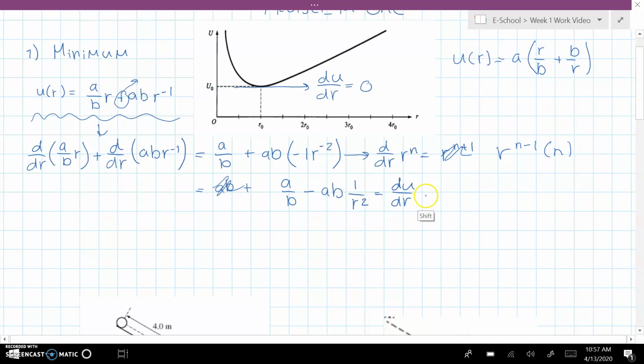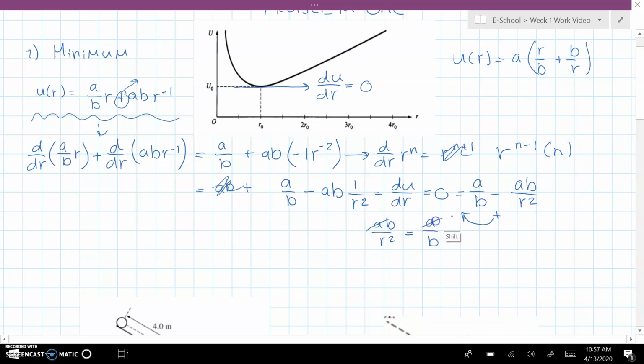Now, I want to set this dU/dr equal to 0. So I know that 0 is equal to a/b minus ab over r squared. I'm going to add this to this side, so I can rewrite this as ab over r squared is equal to a/b. Right off the bat, I see that my a's are going to cancel.